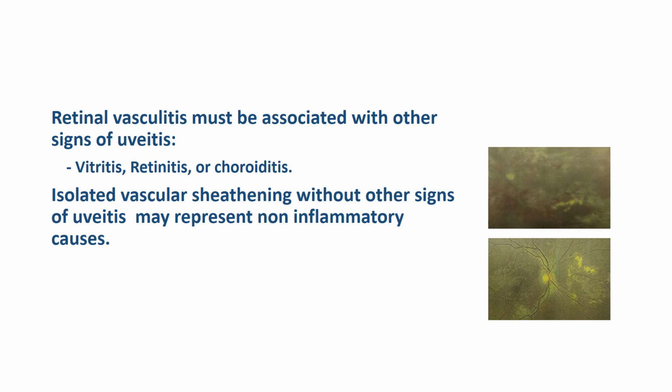Retinal vasculitis, as an inflammation of the retinal blood vessels, must be associated with signs of intraocular inflammation, such as vitritis, retinitis, or choroiditis. Isolated vascular sheathing without signs of uveitis may represent non-inflammatory vascular diseases, such as diabetic or hypertensive retinopathy.